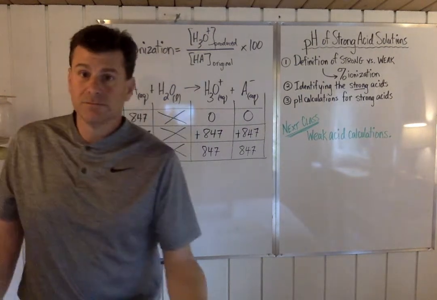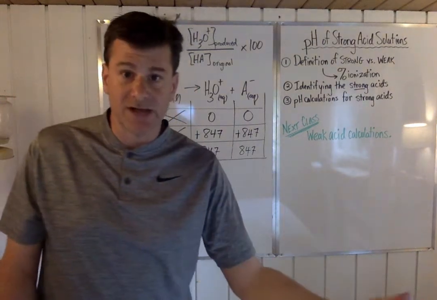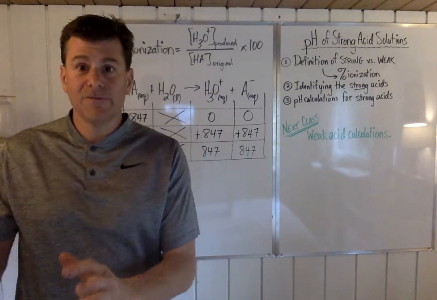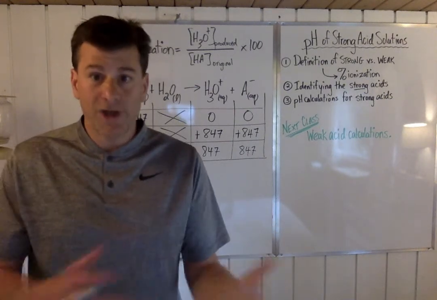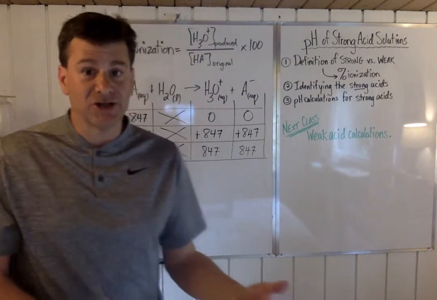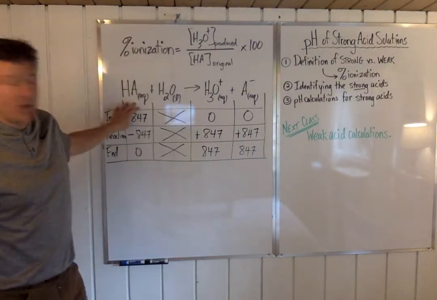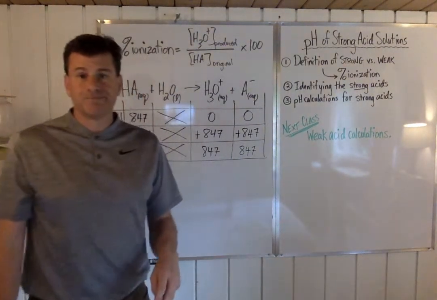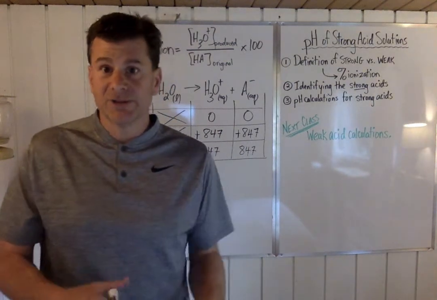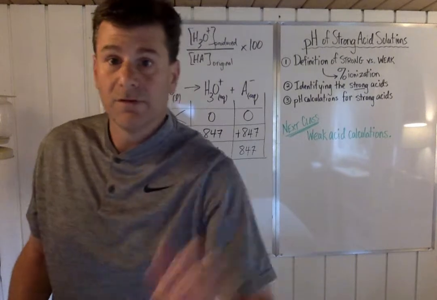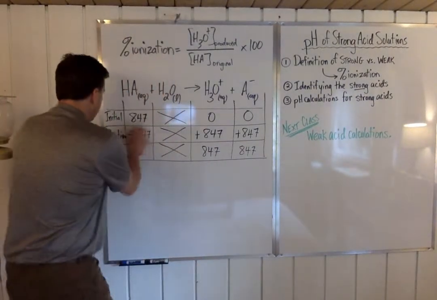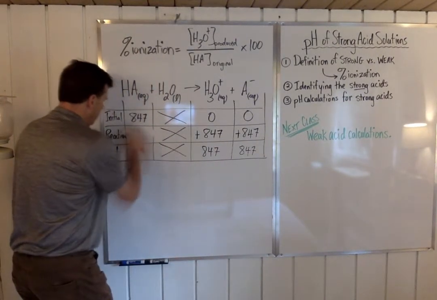Well, that's 1. 1 times 100 is 100%. So if every acid molecule turns into hydronium, that is 100% ionization. It turned from a neutral acid molecule into 2 ions. And so therefore, you've got 100% ionization. Obviously then, what if? A lot of what if.